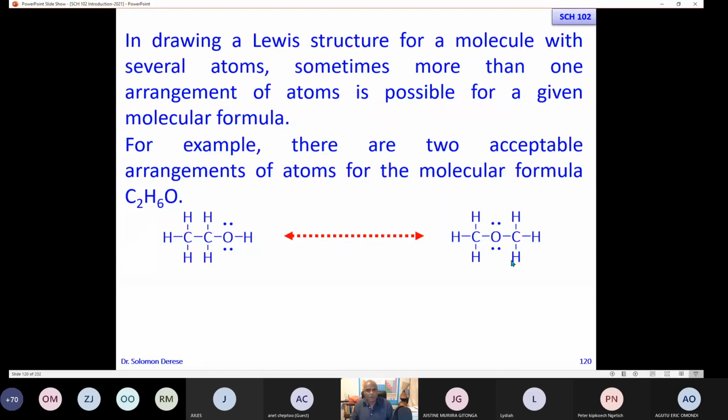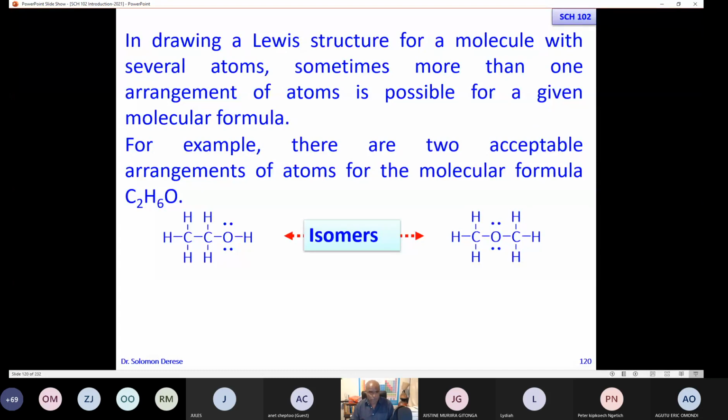But when you look at both of them, we have 2 carbons, oxygen, and 6 hydrogens. There is no mistake at all on your part if you have drawn the Lewis structure for this molecule being this one or this one. There is no mistake at all. Based on the information you have, if you are a very good student, you will draw both structures, okay?